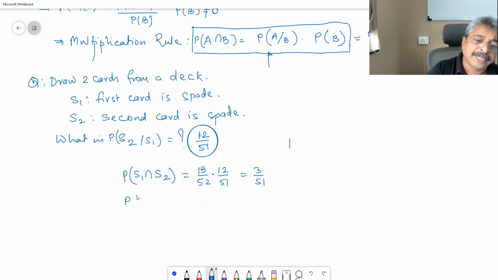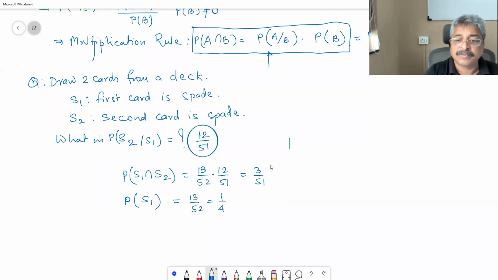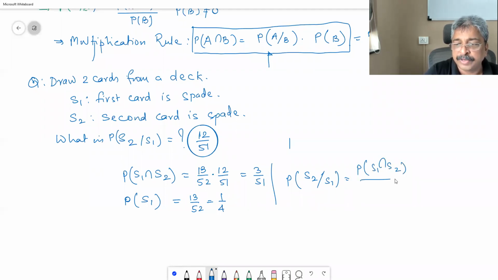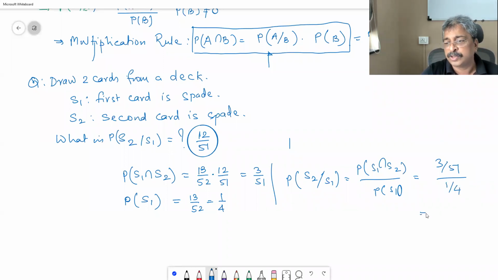Okay, and what is probability of S1? Probability of S1, first card is spade, is 13 upon 52, which is 1/4, and therefore probability of S2 given S1 is equal to probability of S1 intersection S2 divided by probability of S1, which is equal to 3 upon 51 upon 1 upon 4, which is equal to 12 upon 51.